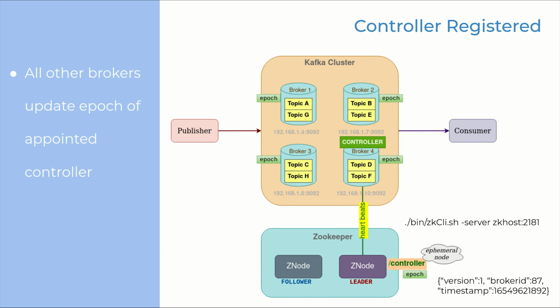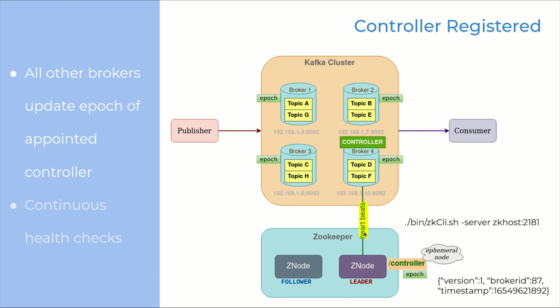So all other brokers will get an update about the controller broker. Especially, they will keep the timestamp created with the epoch along with the controller node. As you can see here, the controller node is created with a timestamp from the epoch, and it's an ephemeral node. We will see how this epoch is used later.